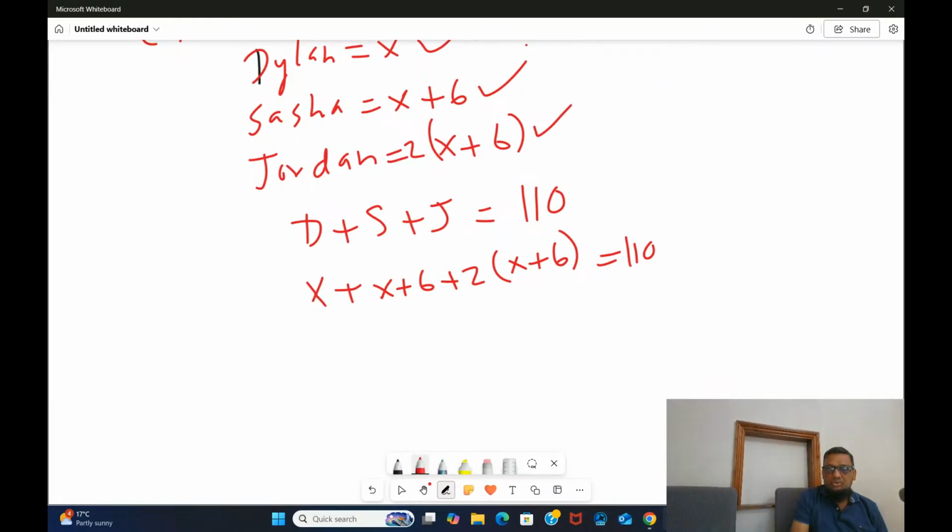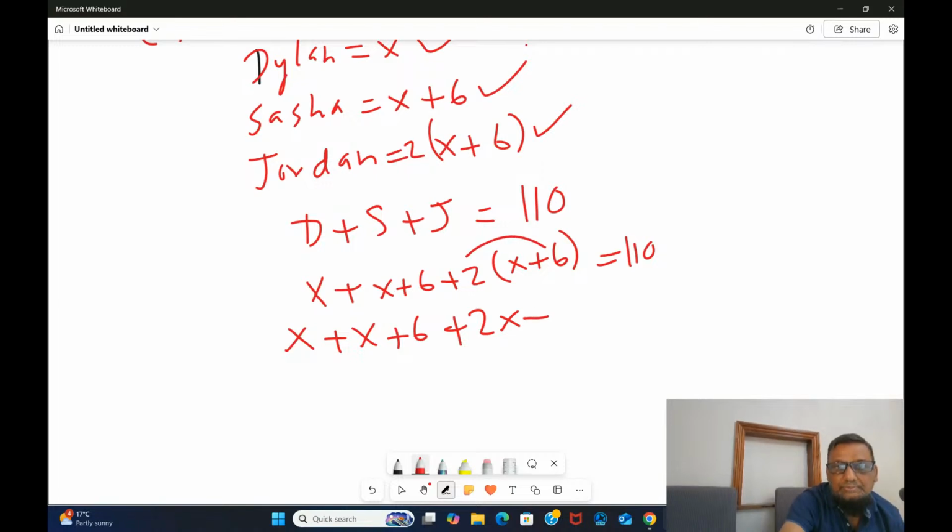Now you learn how to do this one. So very simple. First thing you need to multiply this bracket, remove this bracket as per the board mass. Keep X plus 6 plus 2 times X is 2X, and 2 times 6 is 12, equal to 110, right?